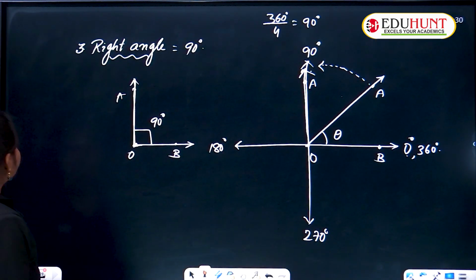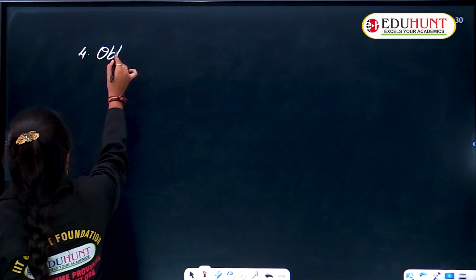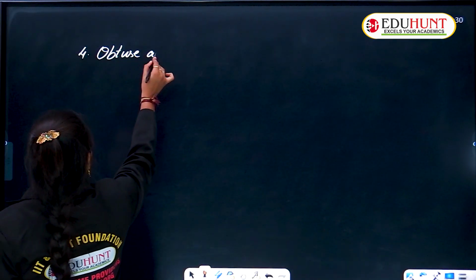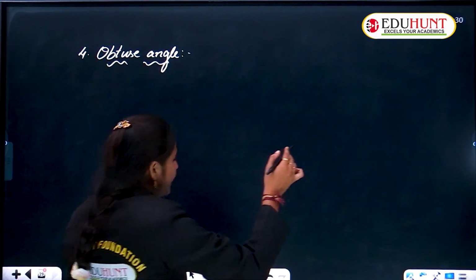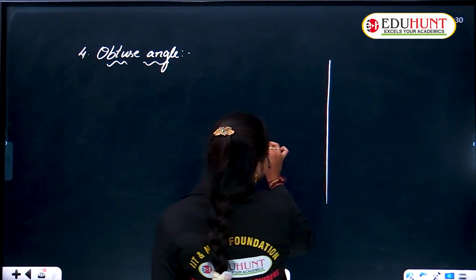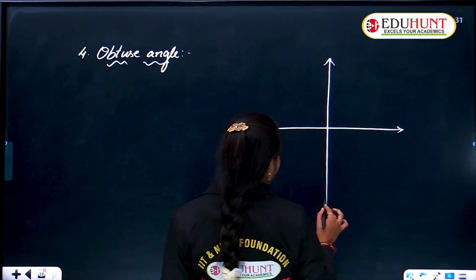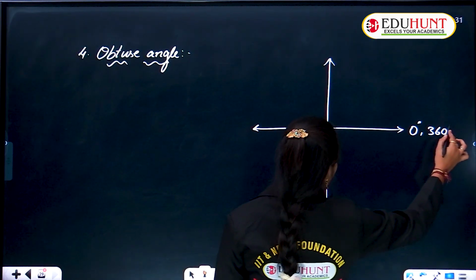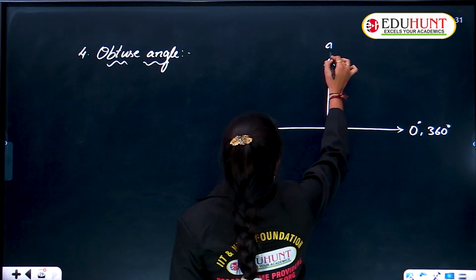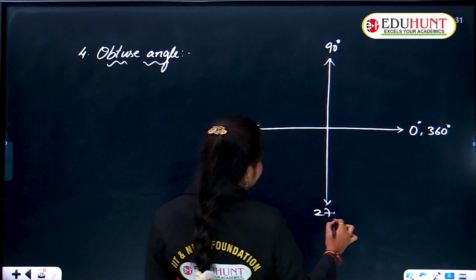Now after the right angle we have the obtuse angle. Again draw the 4 quadrants. The plane is divided into 4 parts. This is 0 degrees and 360 degrees, I told you. In the same way, this is 90 degrees, this is 180 degrees, 270 degrees.